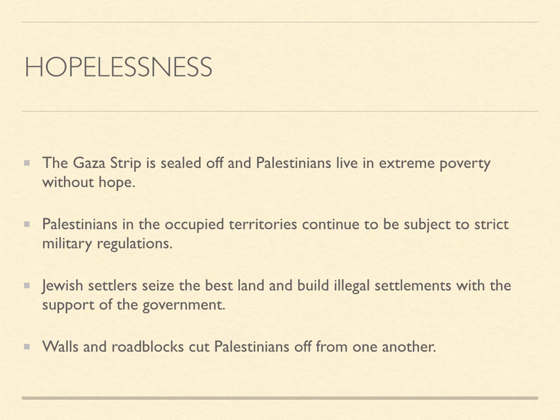It restricts how they can travel and where they can travel, what roads they can use. Very strict control over their lives. Jewish settlers continue to seize the best land and build illegal settlements with the support of the government. And walls and roadblocks cut Palestinians off from one another.